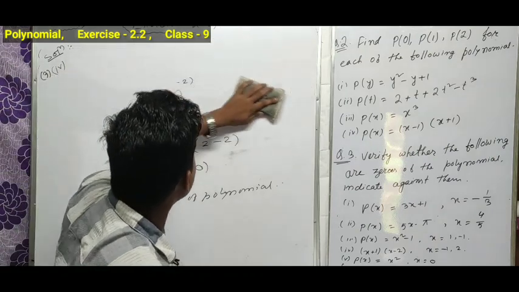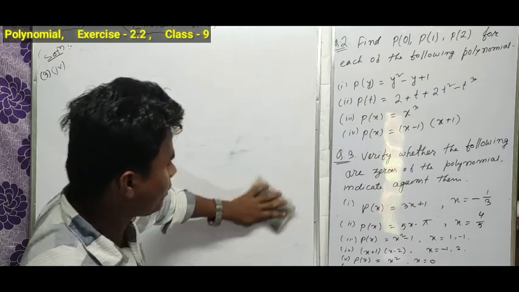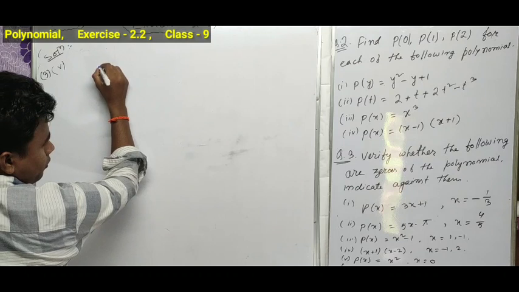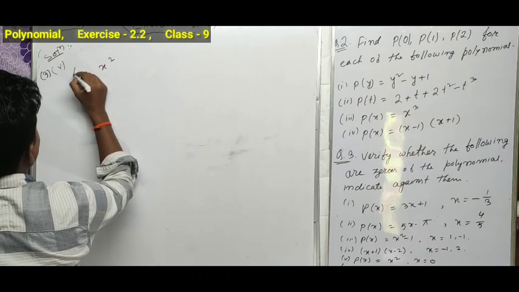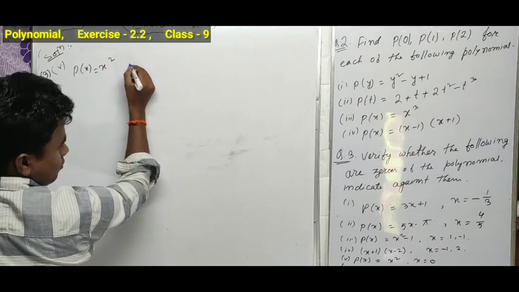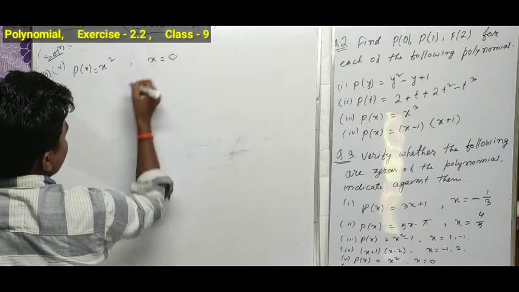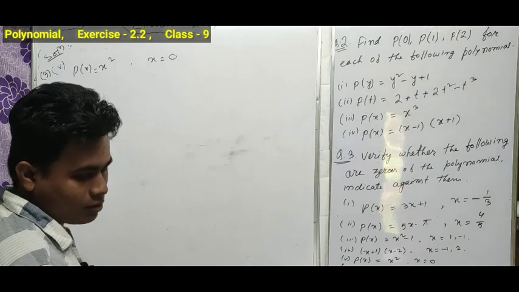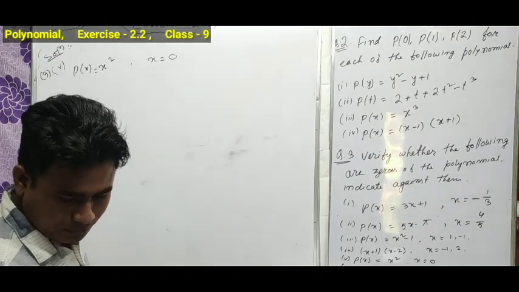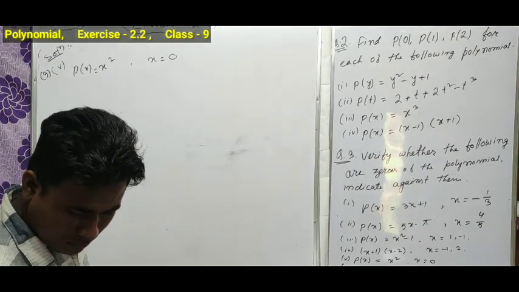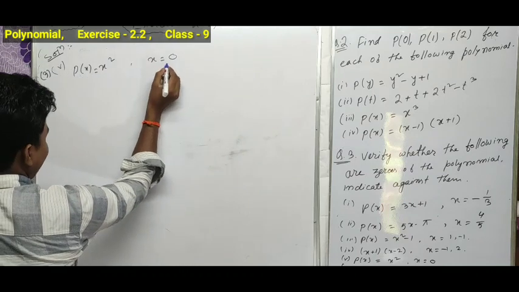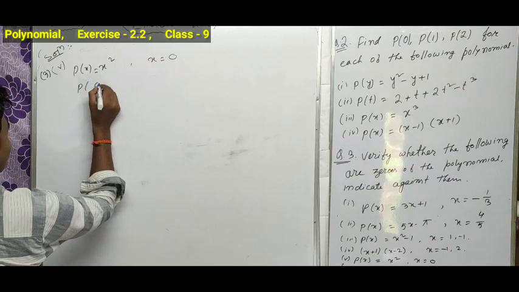Okay, next one you can see number 5. Very simple. Px equal to x square, x equal to 0. Okay, px equal to x square and x equal to 0. So what value will come? In this x place we will put here 0.